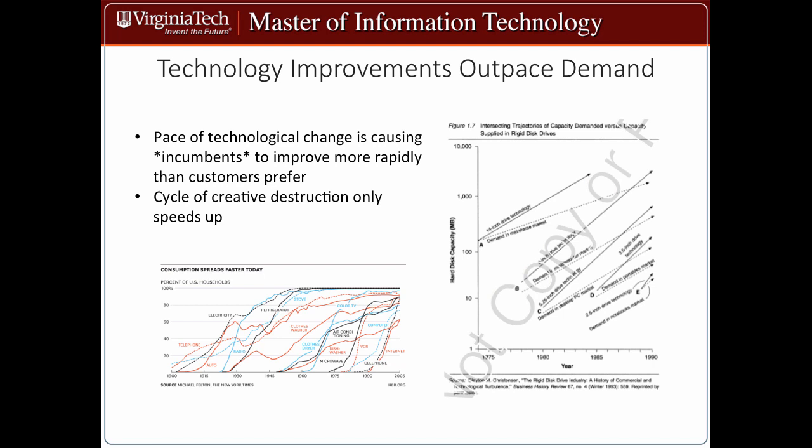On the right-hand side there, this comes from the reading. As you can see the slopes there, and this is actually plotted from real data in the disk drive industry. Over this 15-year period, the improvements in these technologies start to diverge from the underlying demand in those different markets, right? So what customers want and what the technology can do start to diverge.